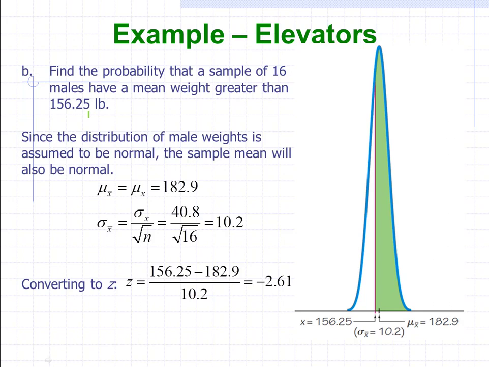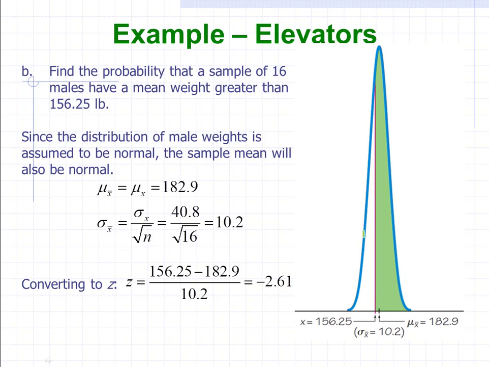We need to change our standard deviation, because now our sample size is 16. So we take our population standard deviation and divide it by the square root of 16. Our new standard deviation is 10.2, since it's been divided by 4. And now our z-score is a negative 2.61.